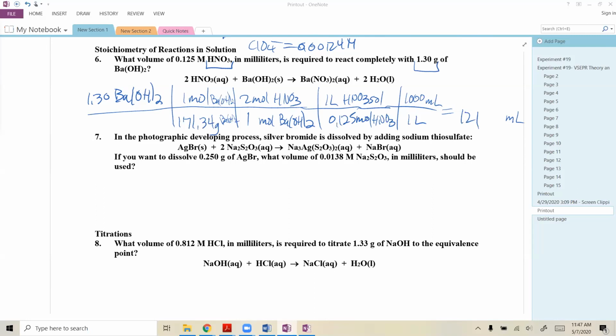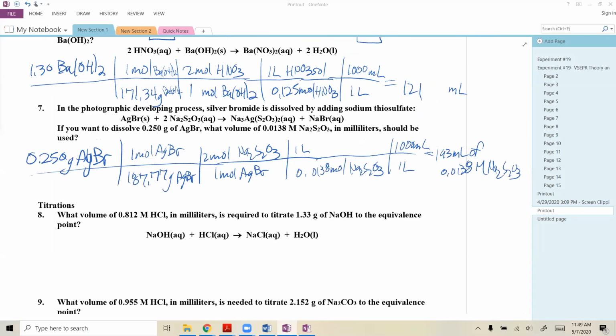All right, so it looks like we got 2 in for 193 milliliters. And so the layout for this one ends up being very similar to the layout of the one before.